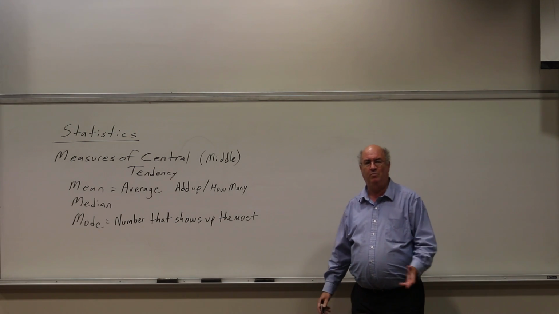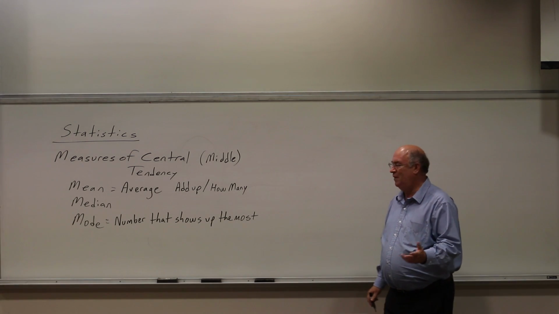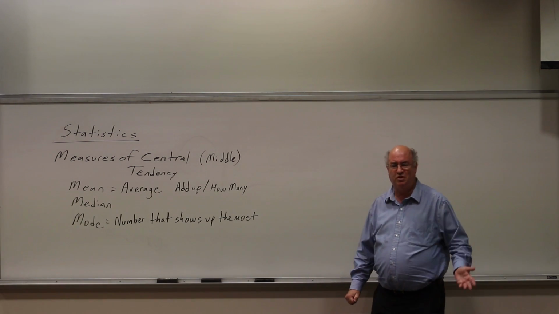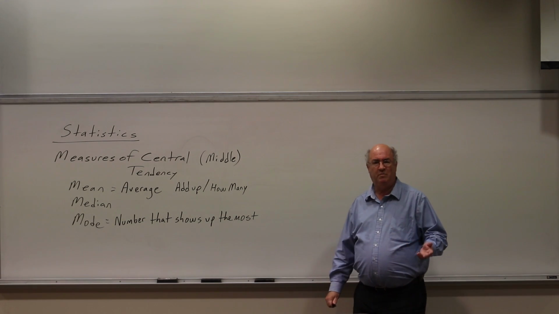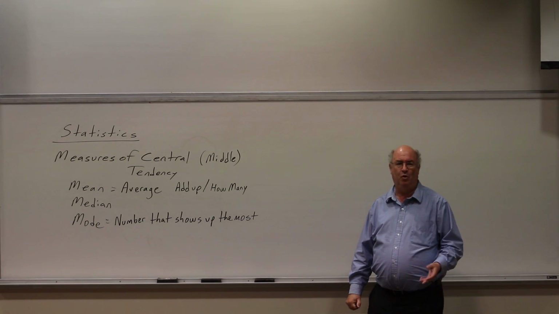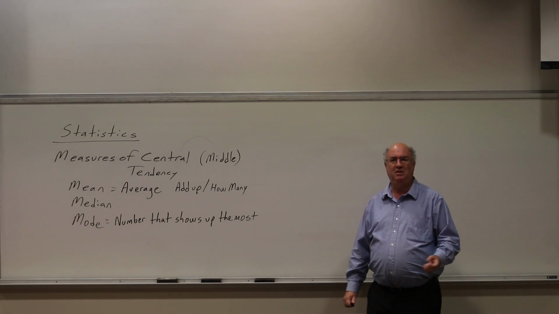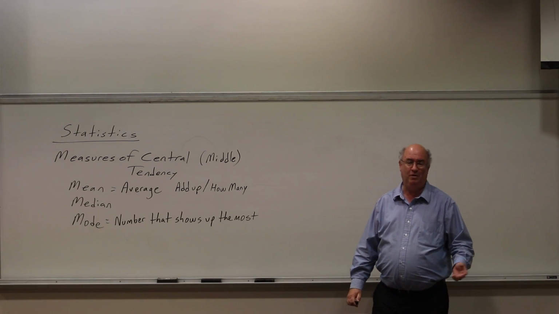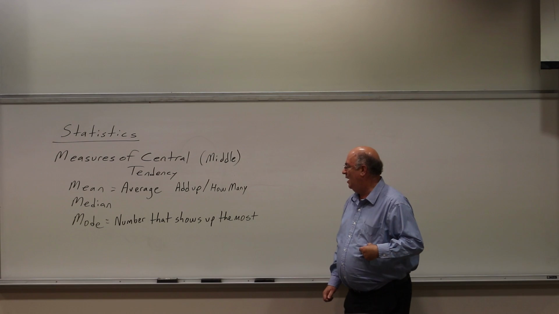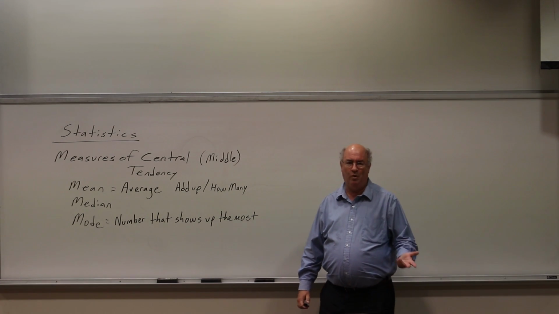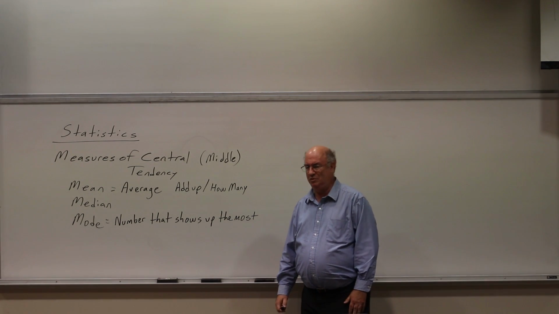Can you have more than one mode? Yes. If you have numbers where 2 of them show up twice, then you have something called multimodal. Won't say that 5 times fast. It just means you have 2 modes. Or you can have 3 modes. You can have 4 modes. In general, we have 1 mode. Once in a while, we get 2 modes.